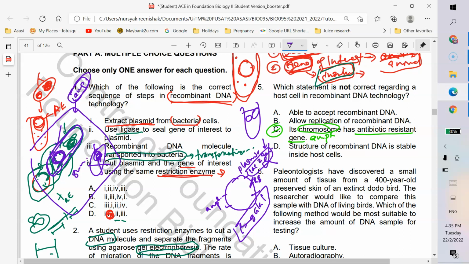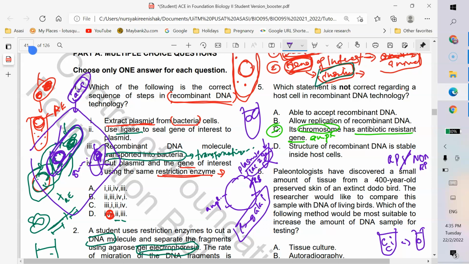Tapi dalam eksperimen screening ni, LacZ gene ni untuk screen sama ada bakteria take up recombinant plasmid ataupun non-recombinant plasmid. Faham? Okay. Sebab bila awak cut the plasmid using restriction enzyme and then you mix with gene of interest, bukan semua plasmid akan ambil gene of interest dan menghasilkan recombinant plasmid.